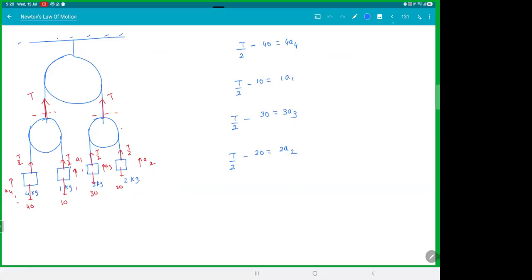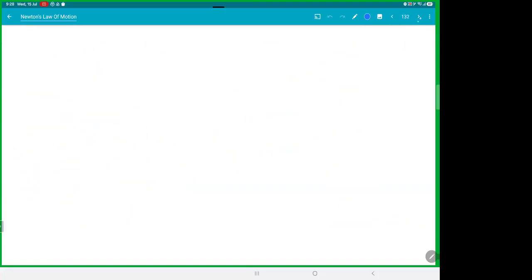Now, the actual question. All this I taught you for this. So we got a block of mass m here. We got a pulley here. We got a block of mass m. We got a pulley here. We got a block of mass m.